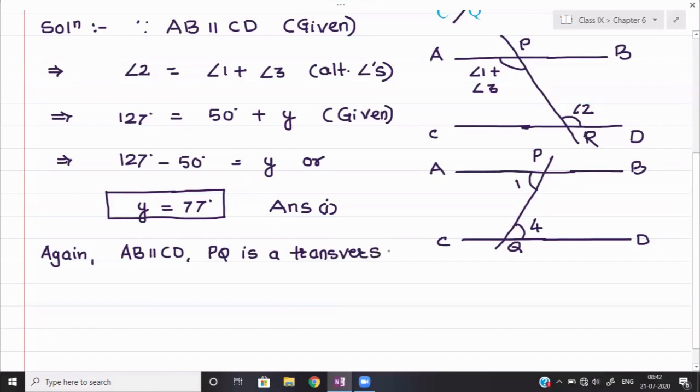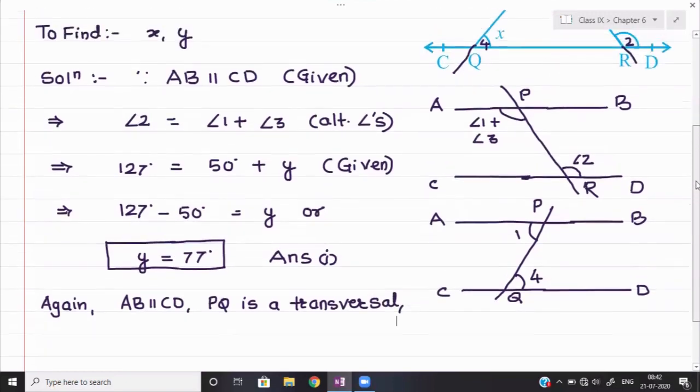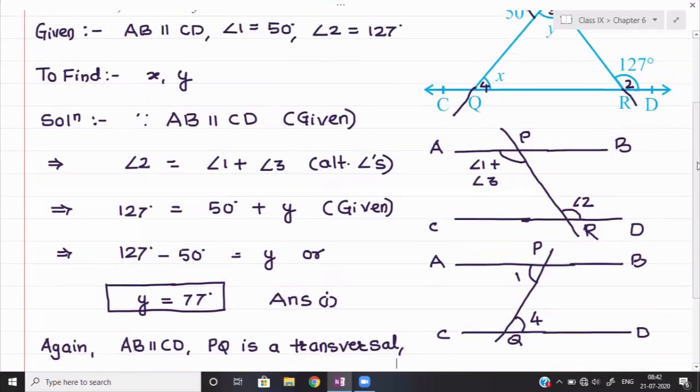Okay, and in the previous section also we can mention, so we will be clear which transversal we are taking, and the angles over there are easily identified. AB is parallel to CD, and here I will mention PR is a transversal.